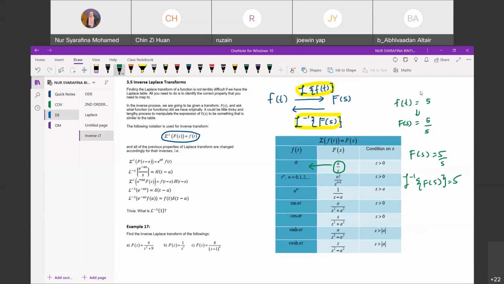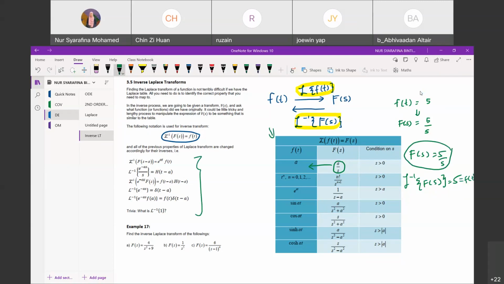So we need to understand the function of F(s) first. Let's say F(s) is 5 over s. You understand that this comes from a constant, so your f(t) is 5. You need to understand the table of transformation and also the properties.